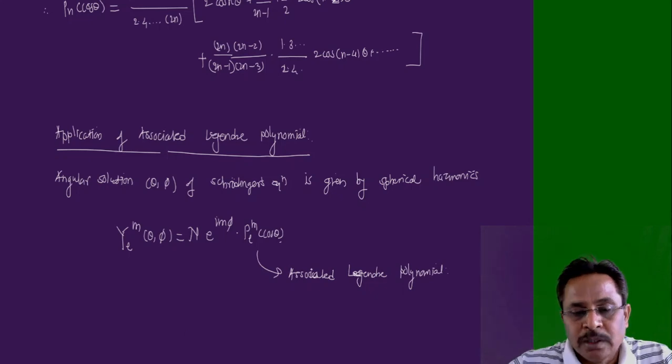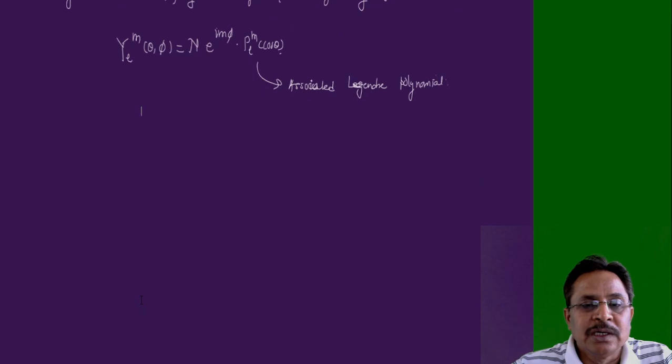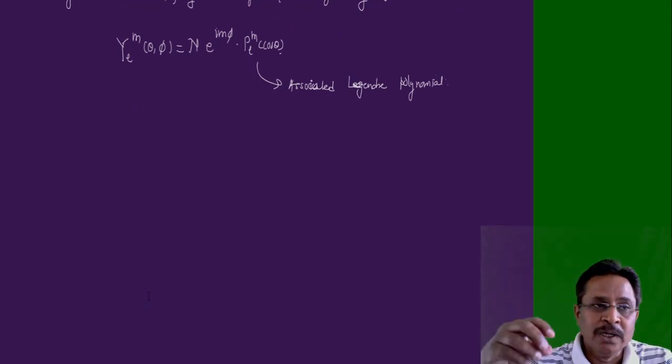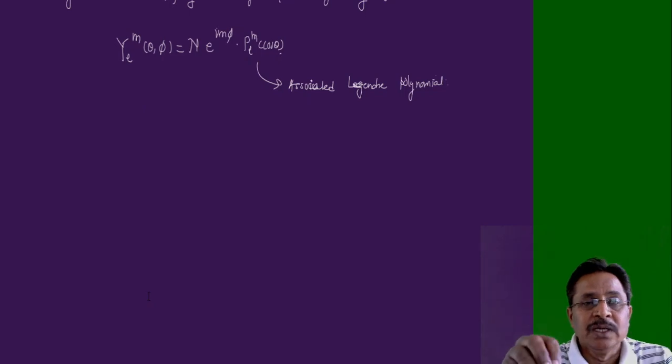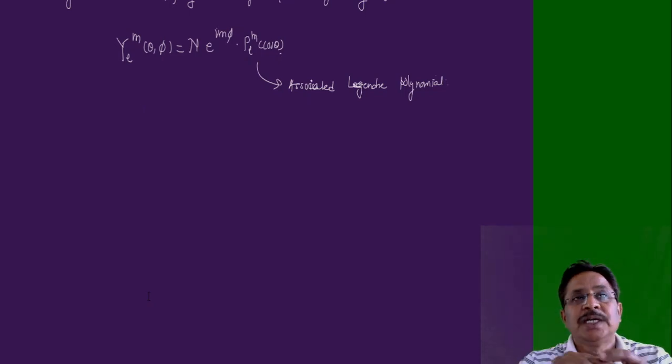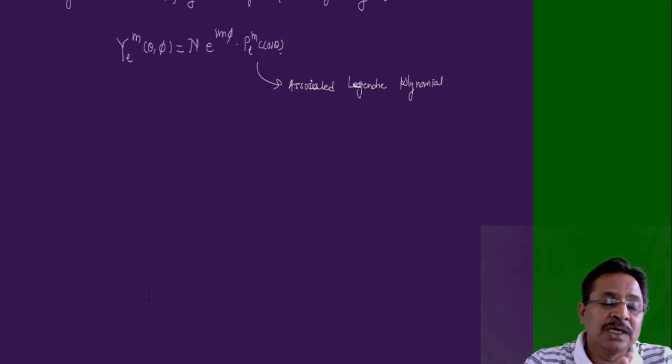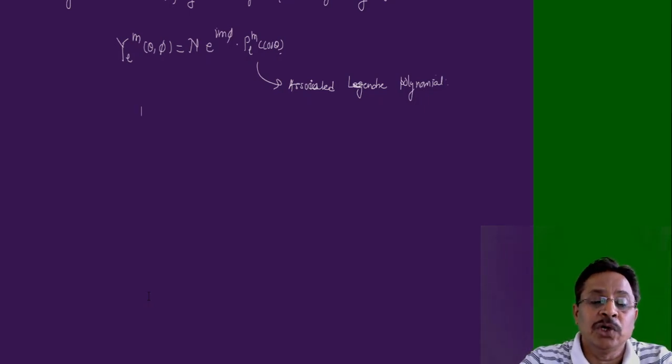So my point is that without learning these associated Legendre polynomials, without knowing how these polynomials come, what the differential equation is, what the actual associated Legendre polynomials are, and how to obtain them from ordinary Legendre polynomials by operating with that operator or using Rodrigues' formula, we will not be able to carry out the mathematical analysis of spherical harmonics.